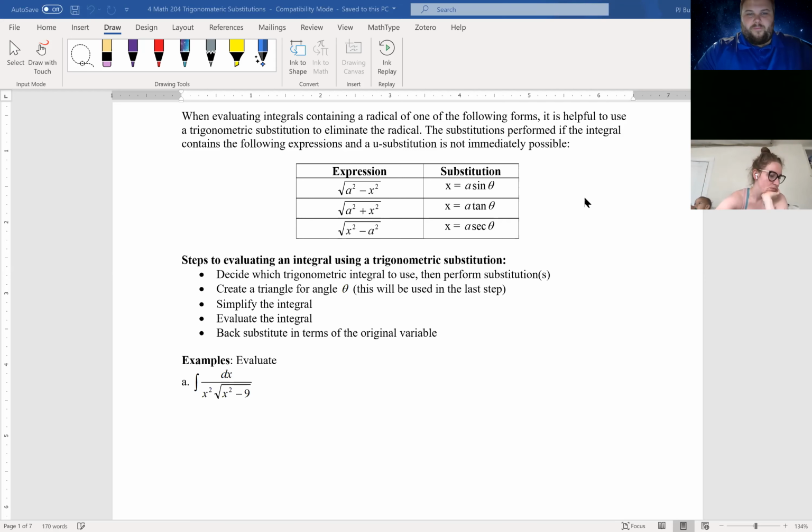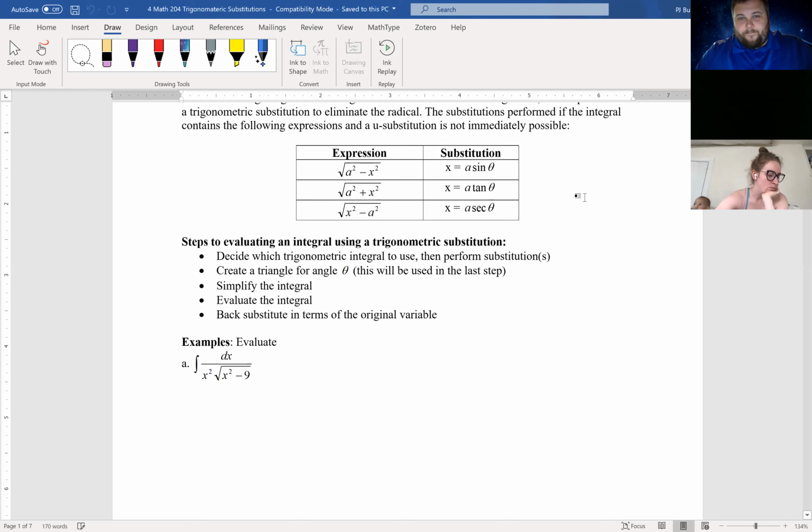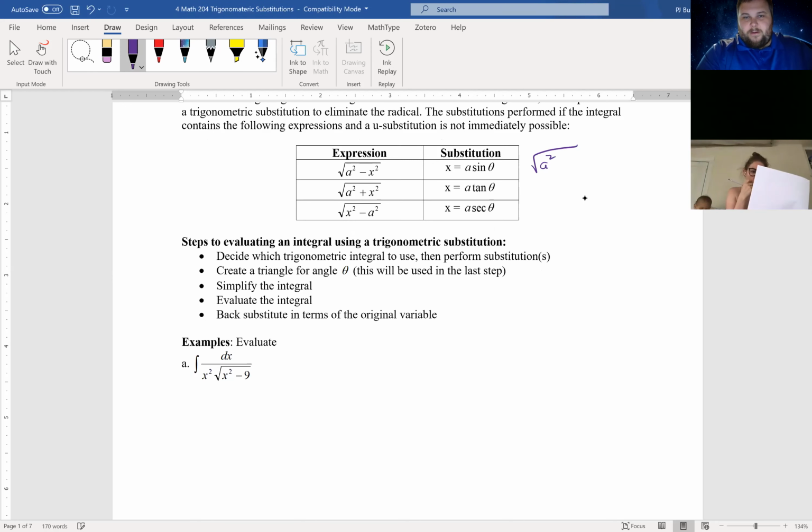So what I wanted to do before I solve the first problem. Notice this first one up here says if we have something of the form a squared minus x squared, that we should let x equal a sine theta. So what happens if I do that? Well, I have a squared minus a sine theta quantity squared.